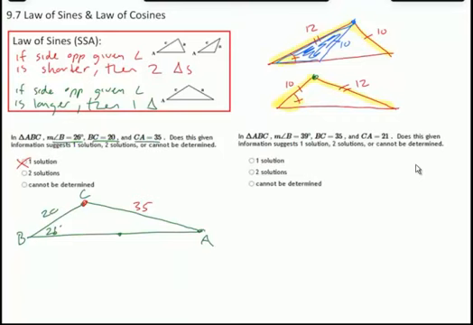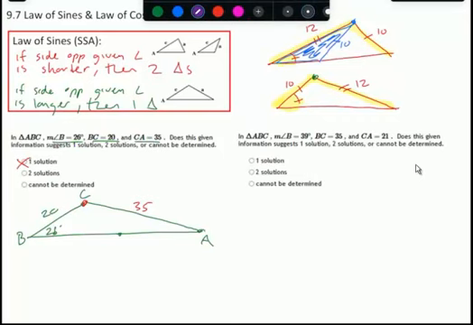But if I look at the other instance, again I have angle B with two sides. My angle B is 39 degrees. BC and then CA, so I know that C has to be this point right here, so that's 35. And then CA is a smaller side than 35. It's 21.